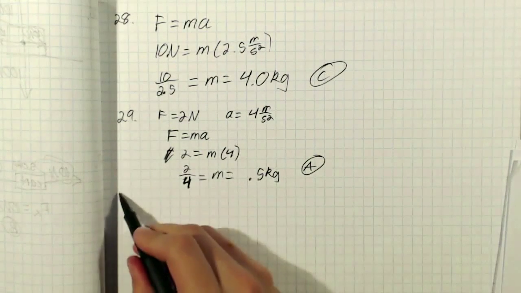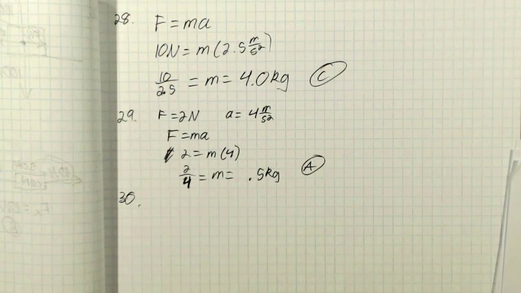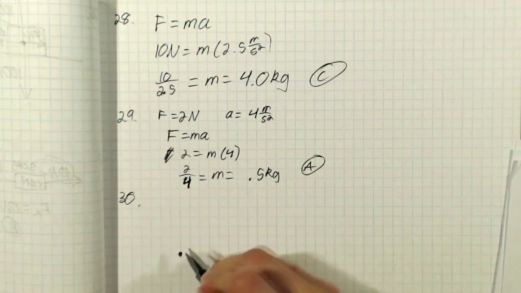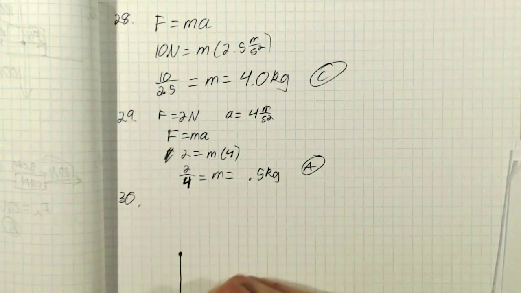Next question is question 30, which says an 800 newton person is standing in an elevator. If the upward force of the elevator on the person is 600 newtons, the person is moving downward at a constant speed, accelerating downward, at rest, or accelerating upward. Okay, so you want to draw a free body diagram. 800 newton person. Okay, so that means their weight, their downward force due to gravity, is 800 newtons.